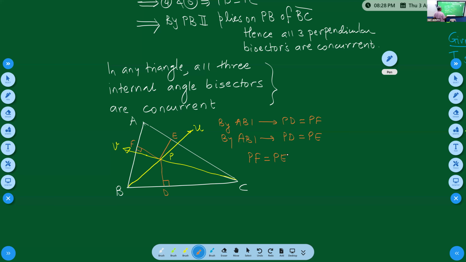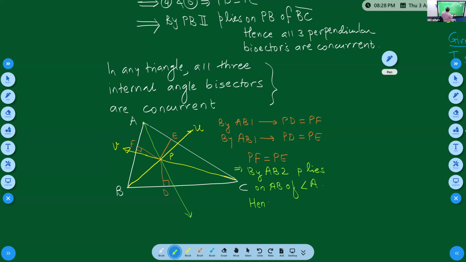That means point P is equidistant from ray B and ray C. Therefore, it must be lying on the angle bisector of angle A. This implies, by AB2, P lies on the angle bisector of angle A. Hence, three angle bisectors are concurrent.